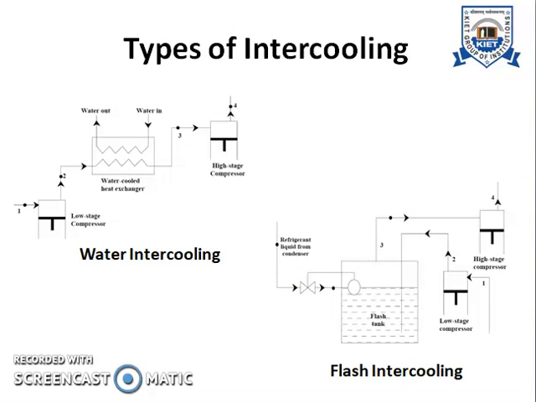Now this is a slide which indicates the water intercooling and flash intercooling. Now as you can see, on the left hand side is a schematic of water intercooling. Refrigerant vapor enters into the low stage compressor first at a low temperature and low pressure condition.